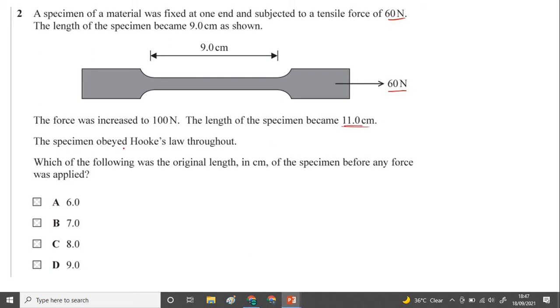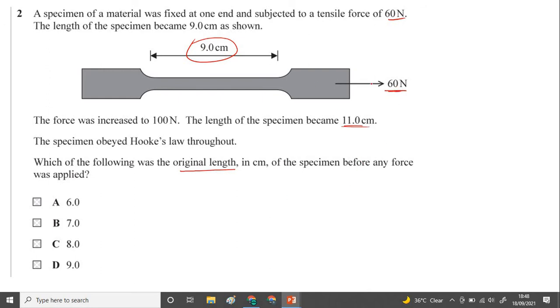The specimen obeyed Hooke's law throughout. What was the original length of the specimen before any force was applied? Remember, 9 centimeter is not the original length. This is the length when 60 Newton force is applied.